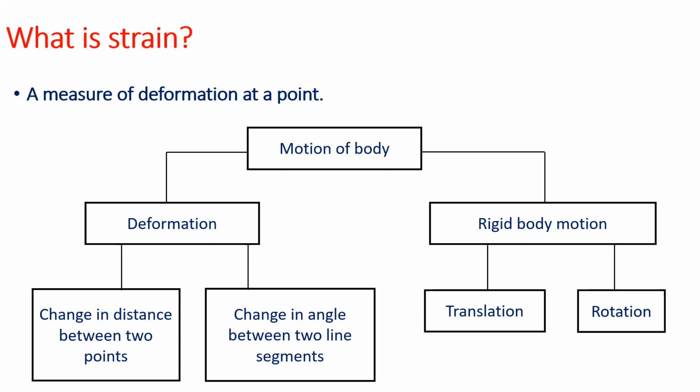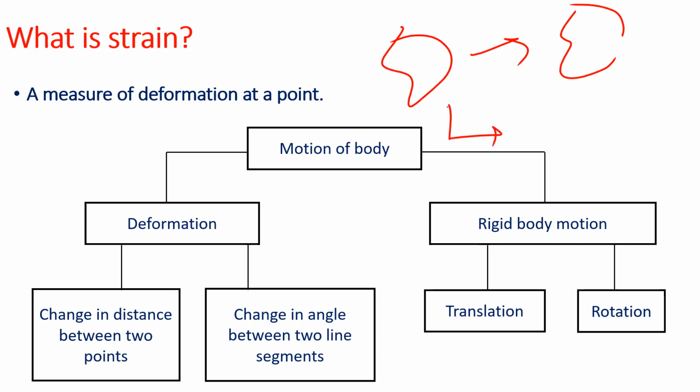And often the practice is that you pick two perpendicular line segments. All right. So this is what happens when a body is displaced by a particular amount, then part of it could be deformed and part of it could have been accounted in rigid body motion. So this is what happens when you say there's a body and it is being displaced.